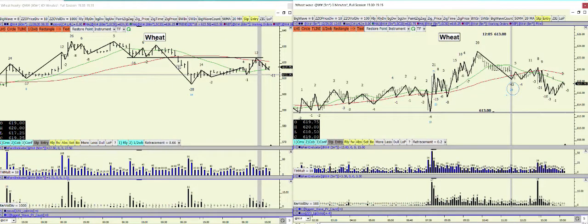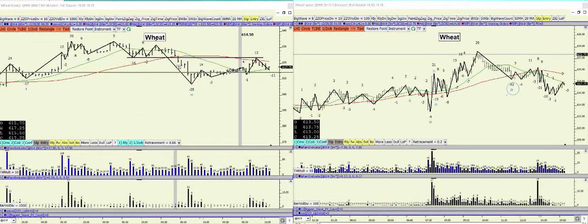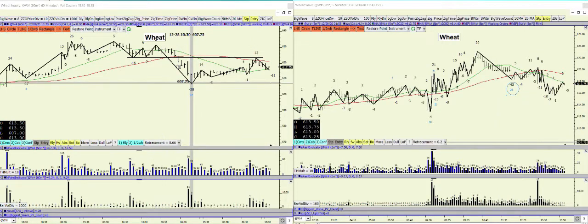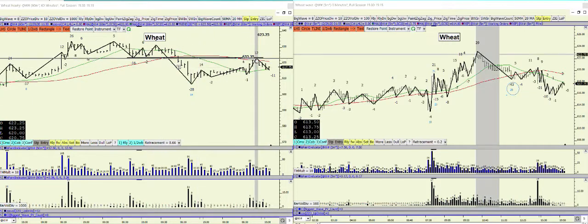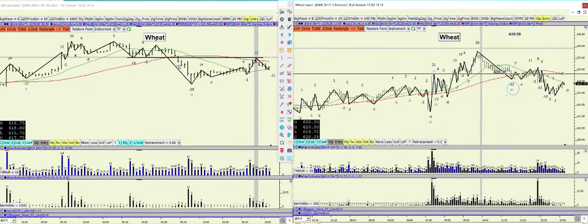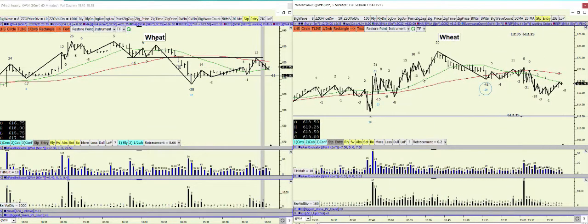So this was a really nice situation. On the left-hand side, you see that there was a breakdown and there's a test of the breakdown. It's that simple. You had a break on the hourly and you had a test of the break. On the test of the break, look at the volume that came in. See that?